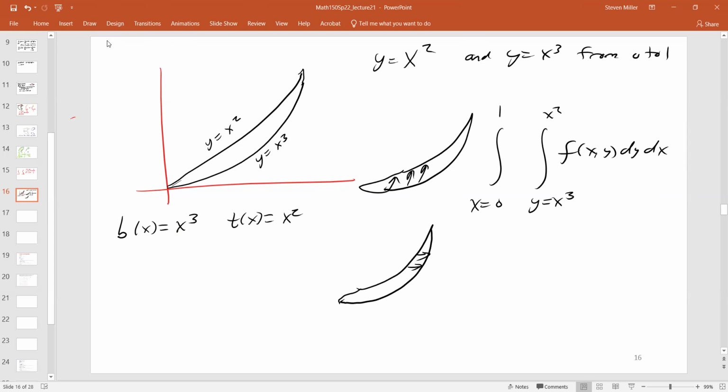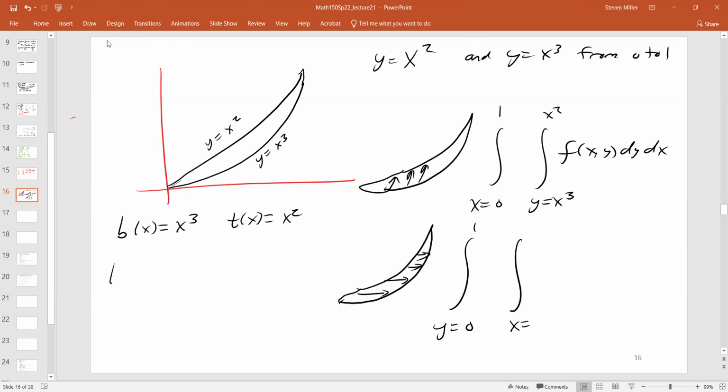And so now we could be doing it this way. So now which do we integrate first, x or y? So which one is being integrated first? X. So we'll figure out what x is in a second. Y is going to go from 0 to 1. And now we need to figure out the left and the right.